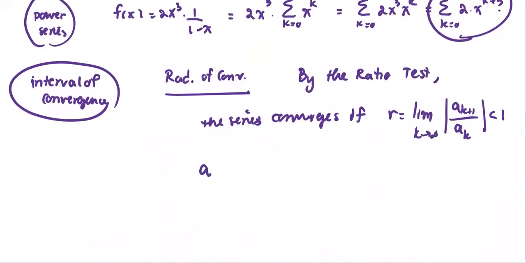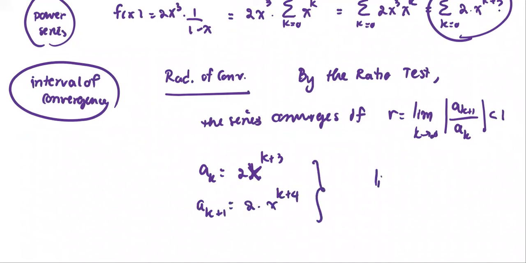The a_k term for this series is 2 times x to the power k plus 3. So then a_(k+1) is 2 times x to the power k plus 4.